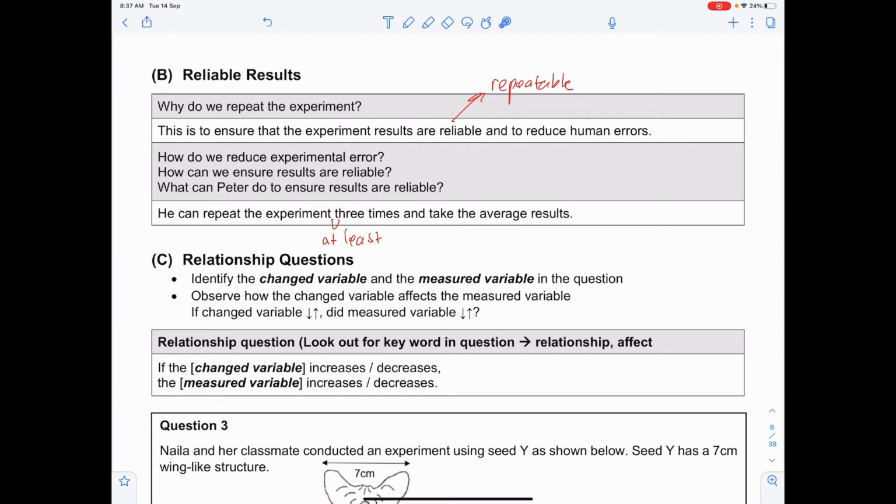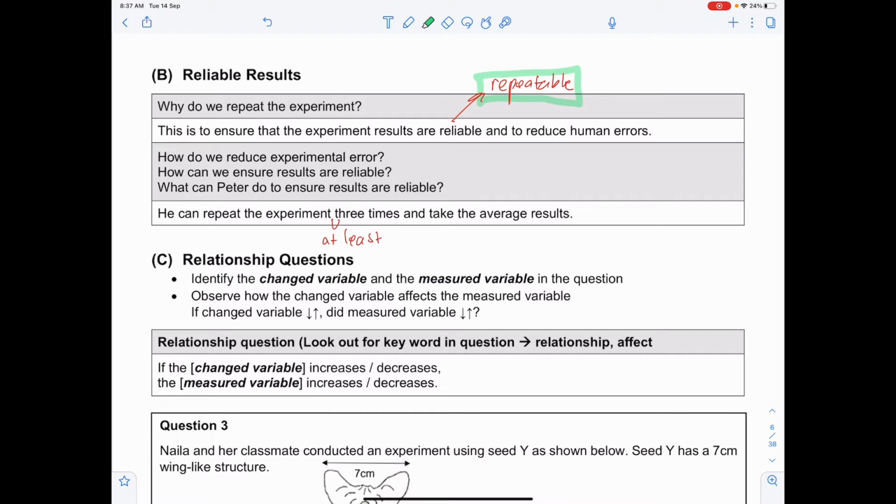Now, reliable results. Why do we want to repeat an experiment? The whole idea is you want the results to be repeatable. Why? You think about it.